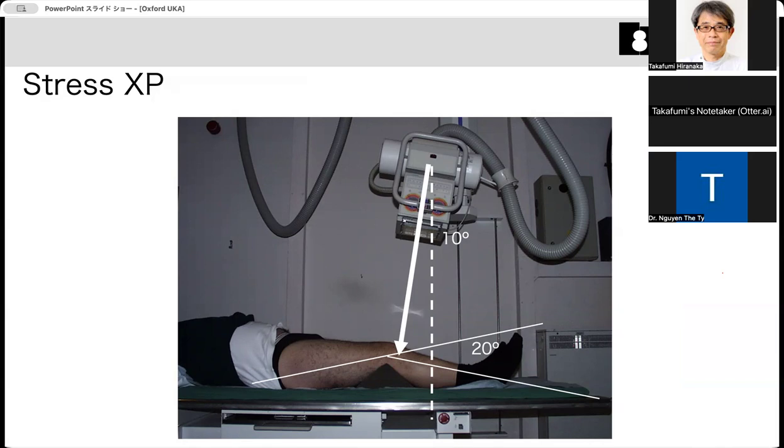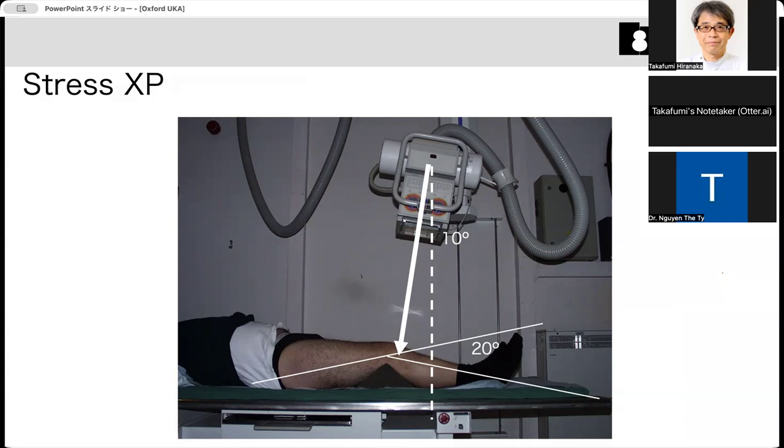To take a stress X-ray, the X-ray beam should be focused on the lateral side, not medial side, because we want to check the lateral condyle in the stress X-ray. So the lateral X-ray should be parallel to the lateral joint line. But the medial joint line is sometimes a little bit changed due to the bone defect or other causes. So it's very important to focus on the lateral side.